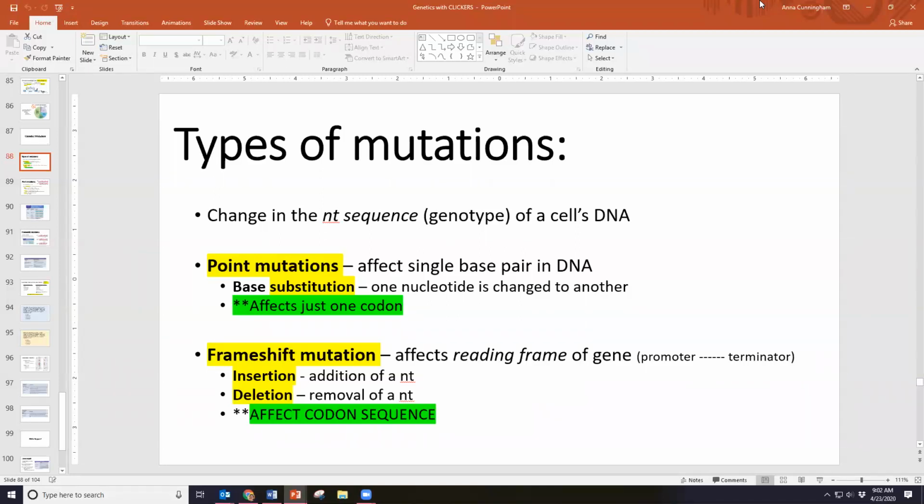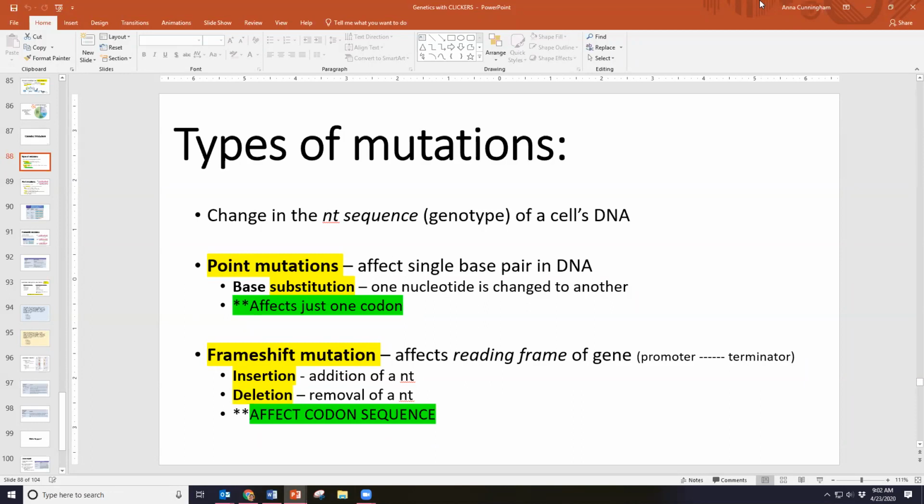Remember that if you just substitute one nucleotide, you're not taking one out or adding one, just subbing one for another. That only changes one of the nucleotides in a series of 3, so it just affects one codon, all right?